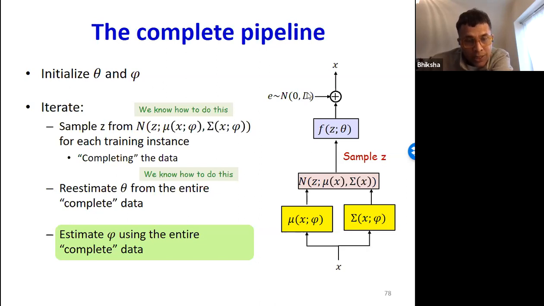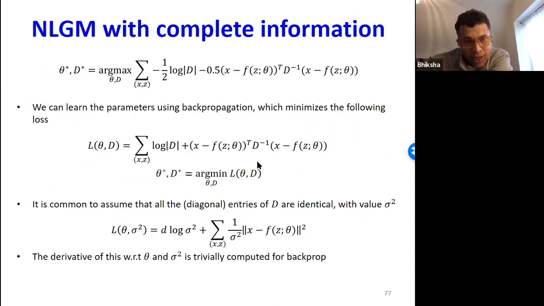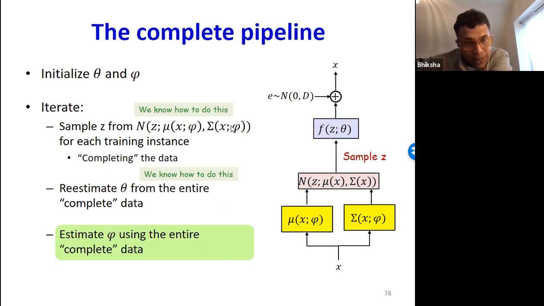So you always assume that the noise is uncorrelated, which means D is a diagonal matrix. And in fact, you will often make this extra assumption that not only is it uncorrelated, but the variance in every component is identical. So D is a diagonal matrix where all the diagonal components are identical.